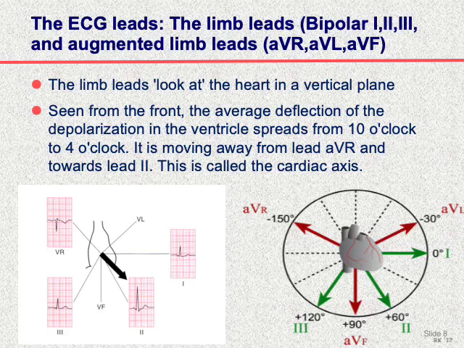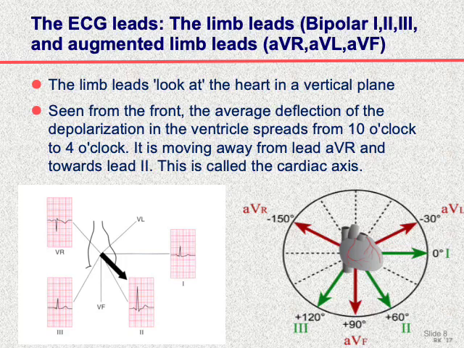As you see here, because the main vector of the heart is toward this 4 o'clock, lead 2 is around 60 degrees. So we have the largest R wave here in lead 2. Lead 1 also, and lead 3 and AVF, we have a smaller R because they are not in line with the actual vector of the heart.